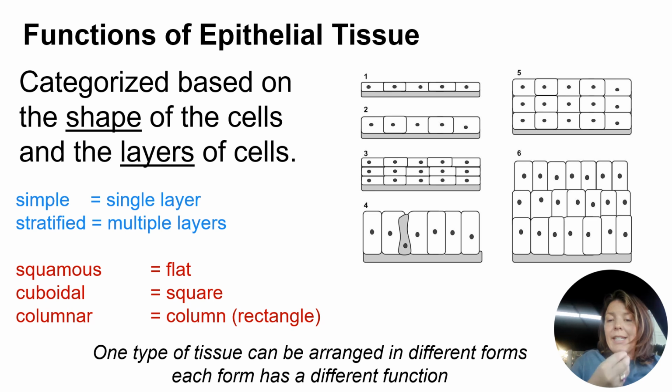Also, some of this type of tissue has to be really stretchy. Think of organs that would need to be able to expand, like the bladder or a uterus. They have a specialized version of this stratified squamous epithelial tissue that's referred to as transitional epithelial.